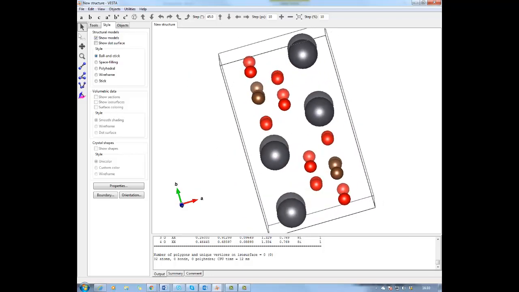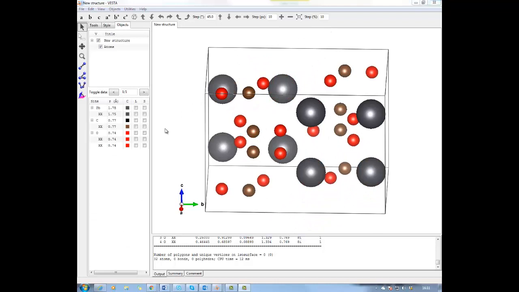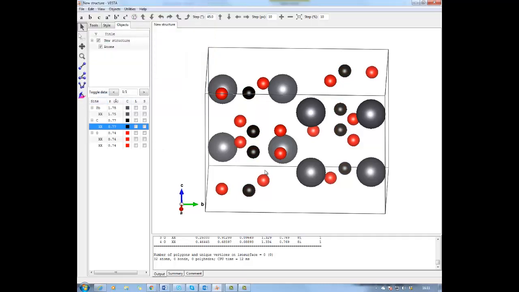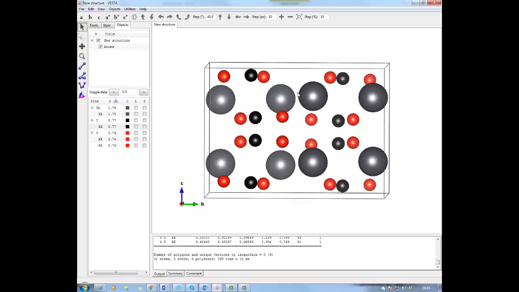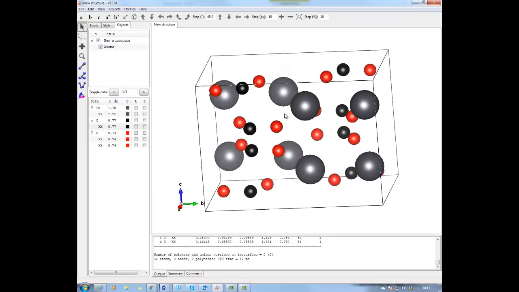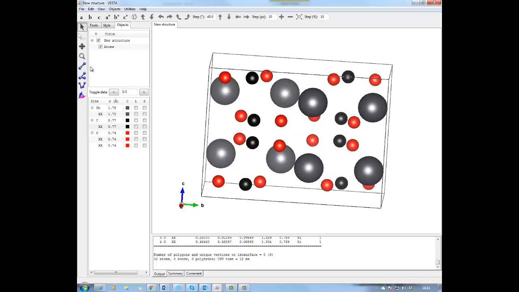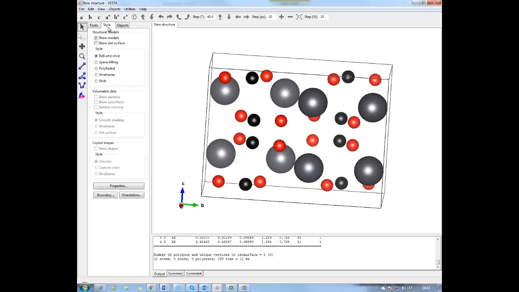If I go over here, I'd like to change my carbons. Usually carbons are done black, so I'm going to change it to black. There we go. Okay, right, so now I've got oxygens in red, carbons in black. And now I'm going to add some bonds.